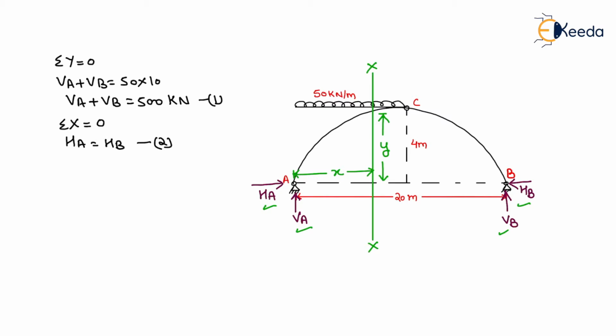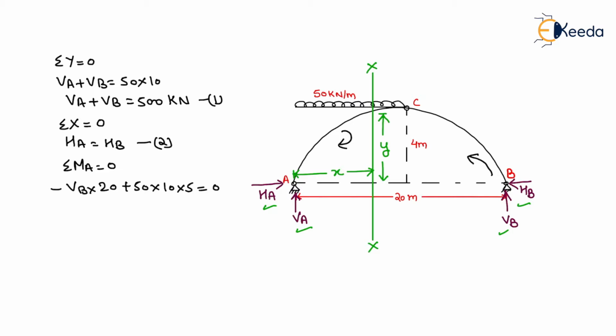Now our third equilibrium condition is moment about A will be equal to 0. So we take the moment about A equals to 0 and write the equation as minus VB into 20. The minus sign is because of the anti-clockwise movement due to VB, plus 50 into 10 into 5 due to the UDL, and it will be acting in clockwise direction, so we take the sign as positive, equals to 0.